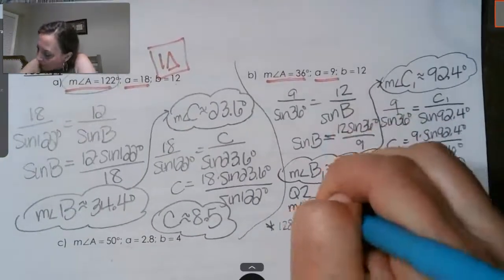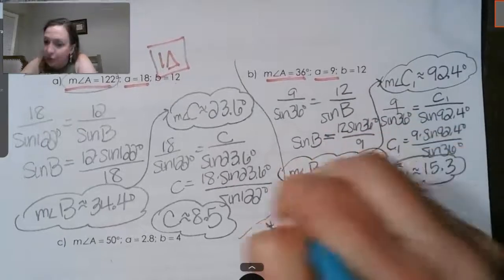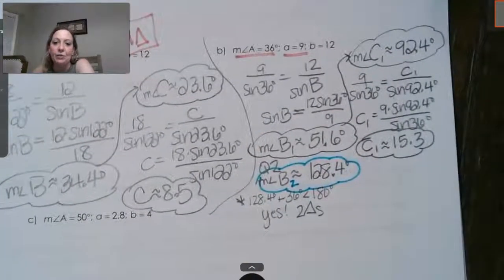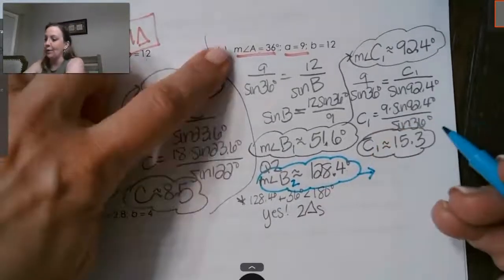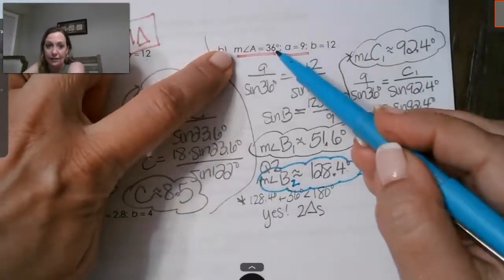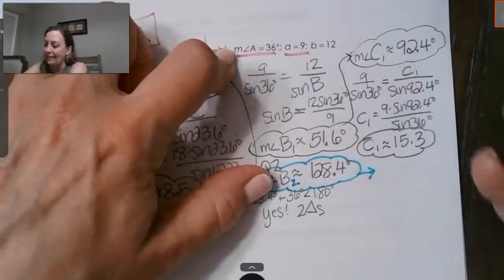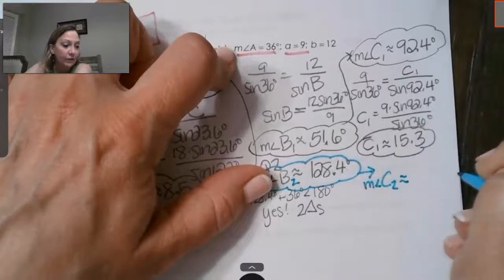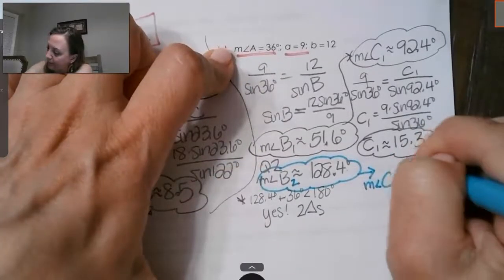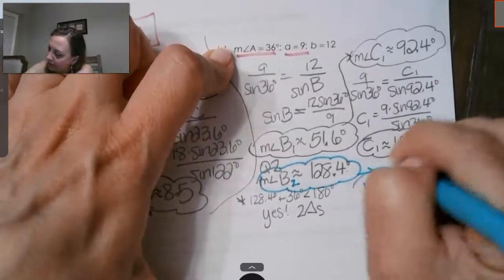So now I'm going to call this the measure of angle B2. That's going to be 128.4 degrees. So then I can take 180 minus the 36 minus this angle B, and that gives me the measure of my new angle C, which will be 15.6 degrees.